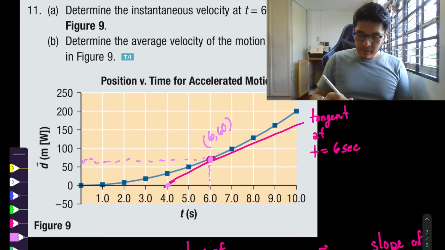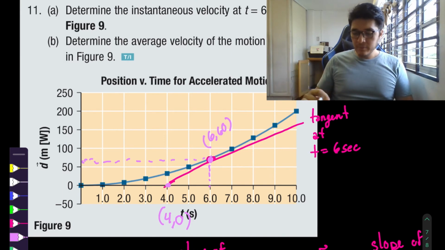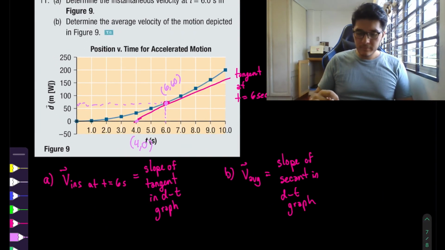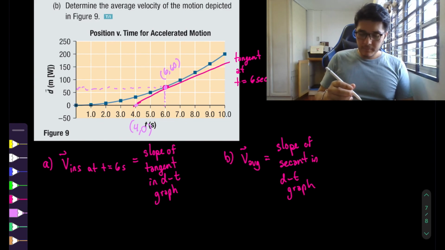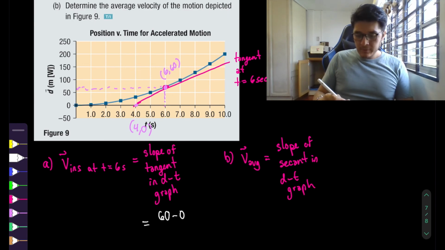So at the 4-second mark, the position is 0. So we have our 2 points. So in this case, it's going to be 60 minus 0 over 6 minus 4. 60 divided by 2, which is 30 meters per second.